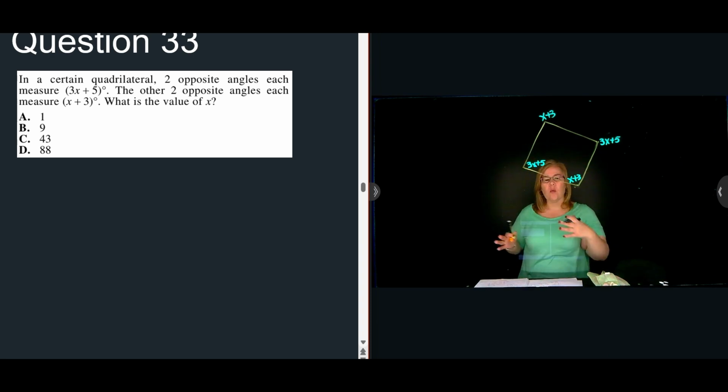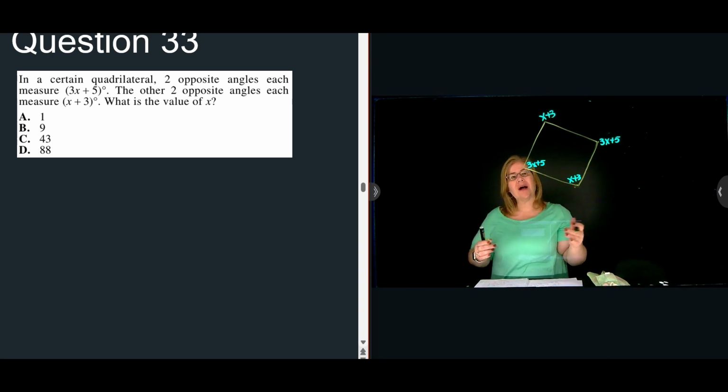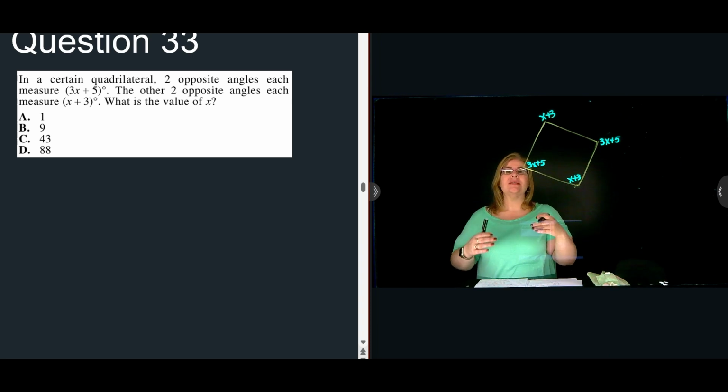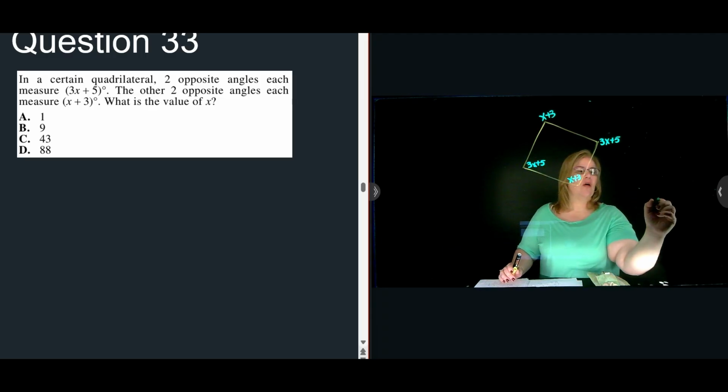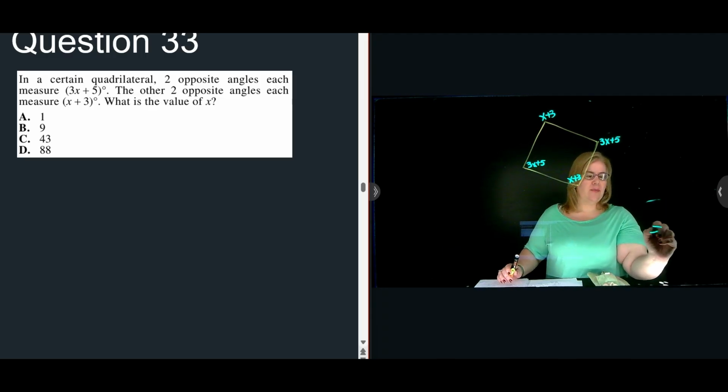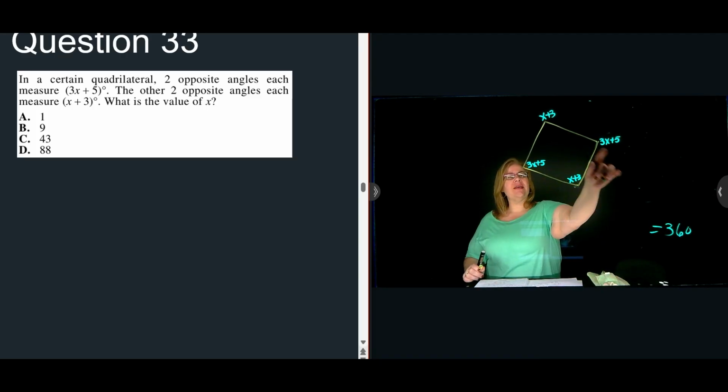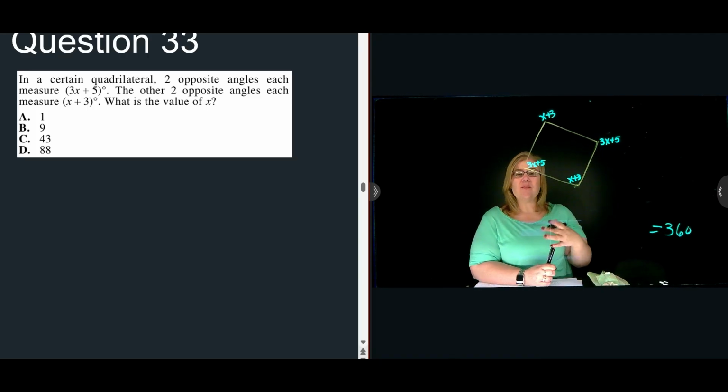Now, we have to remember what we've learned about quadrilaterals. Quadrilaterals' inside angles equal what? They equal 360 degrees. So I'm going to put this right here. I have 2 of these and 2 of these, so I can put those together.